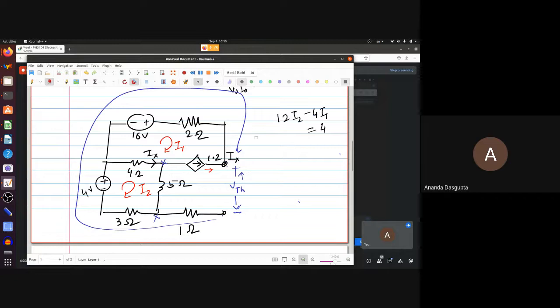That's the only loop equation that I can really write down. Okay. Then what do I do? I need at least one more equation to work, right?